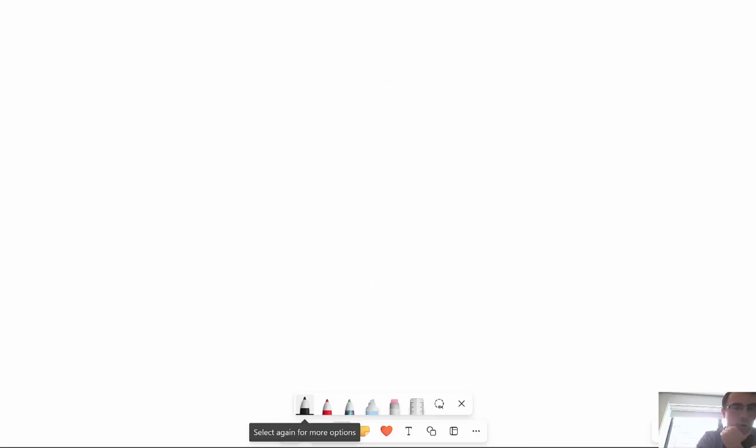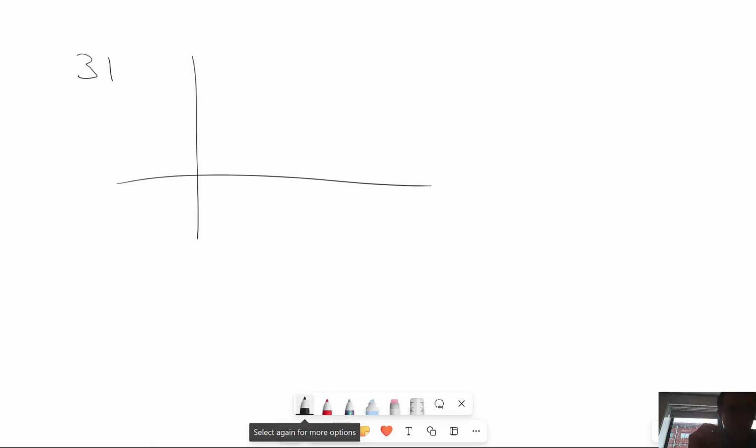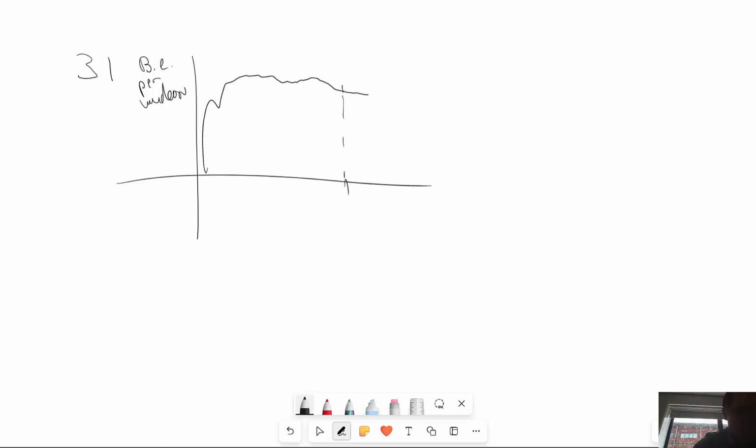Okay, so for question 31, there is a bit of a trick to it. We have the graph of the binding energy per nucleon, and then we have an element somewhere over here with the typical graph, which looks something like this.